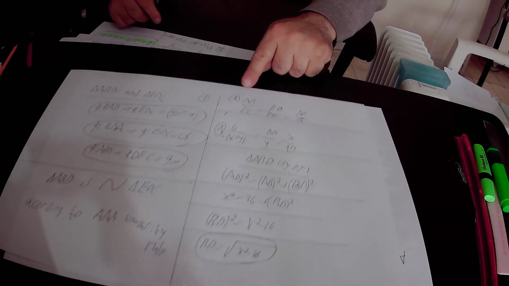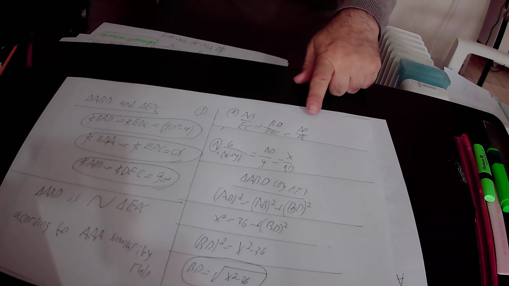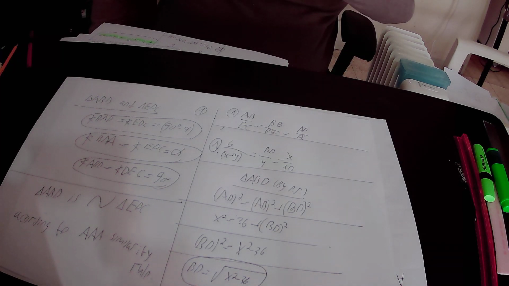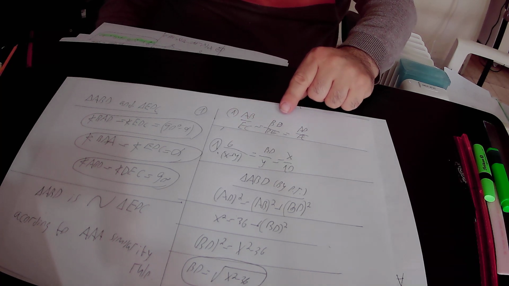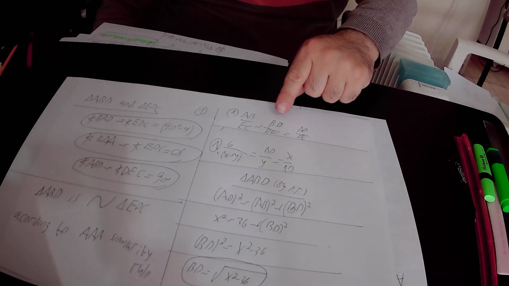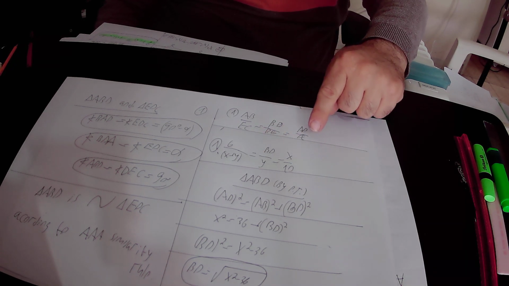Again, AB over EC equals BD over DE equals AD over DC. AB equals 6, EC equals x plus y, BD is BD, and DE equals y. AD equals x, DC equals 10.